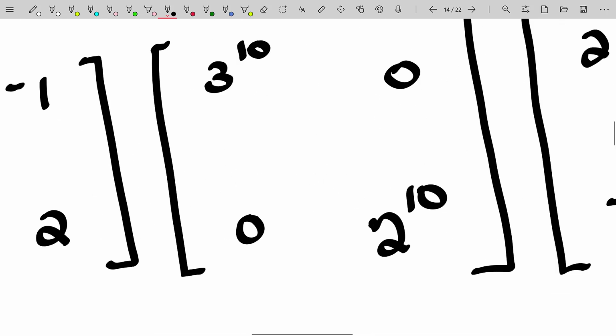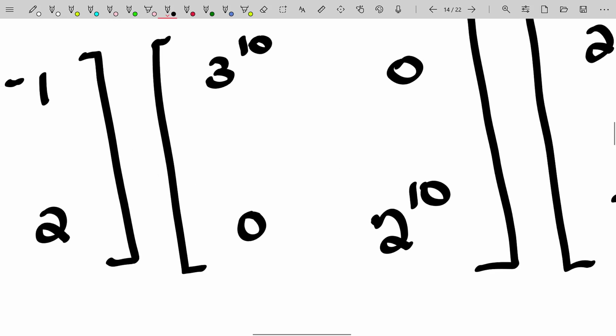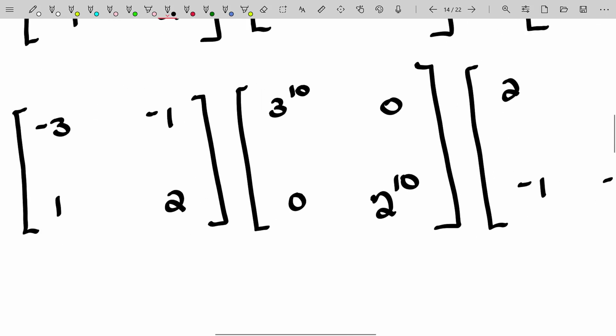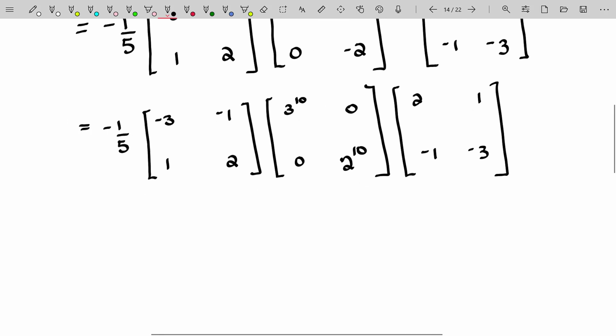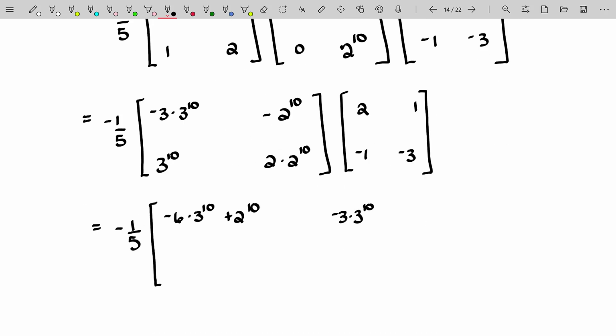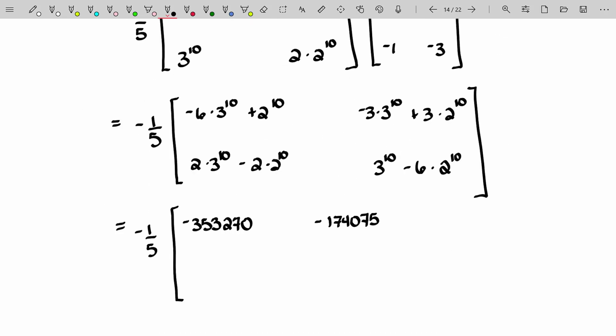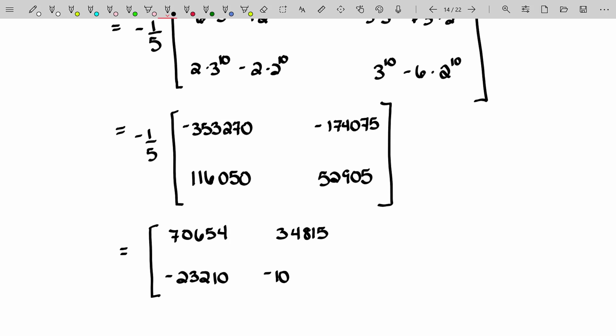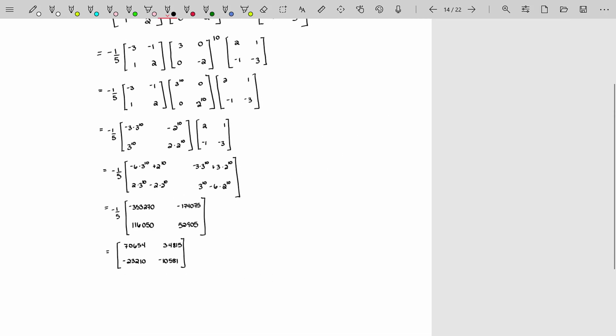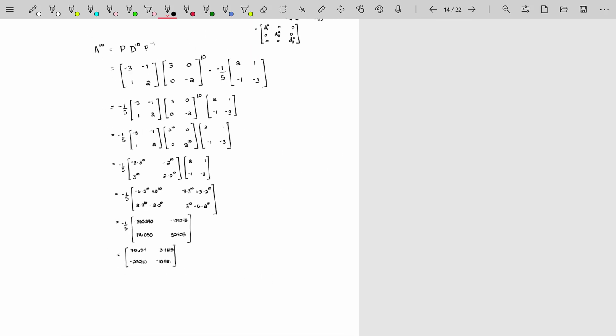Notice I didn't bother actually applying the powers on there. 2 to the 10th I'm very familiar with, that's 1024, but 3 to the 10th, that's just a crapshoot for me, so I'm not going to bother with it. But let's go ahead and multiply things out. Now, that is a bit awful and large, but still, it beats multiplying A by itself 10 times.